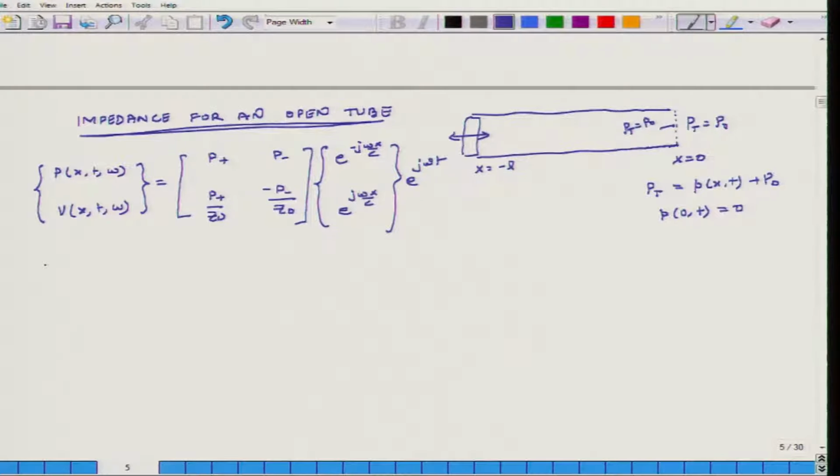Now, we apply the boundary condition at x equal to 0, which says that P is equal to 0.